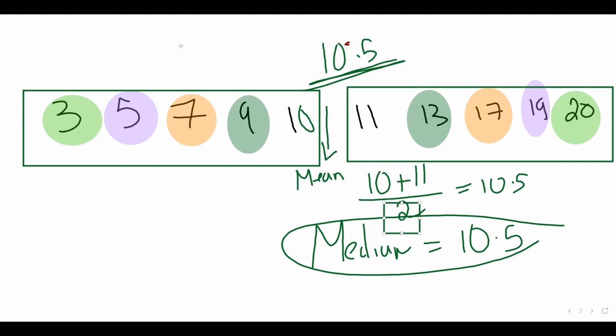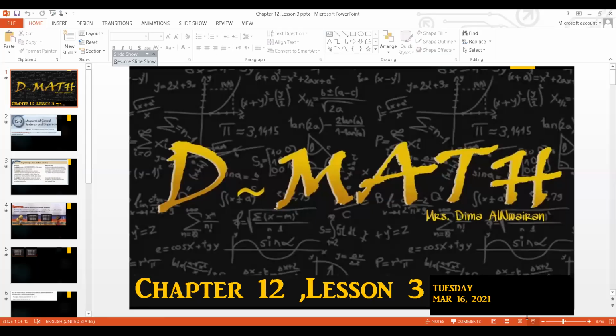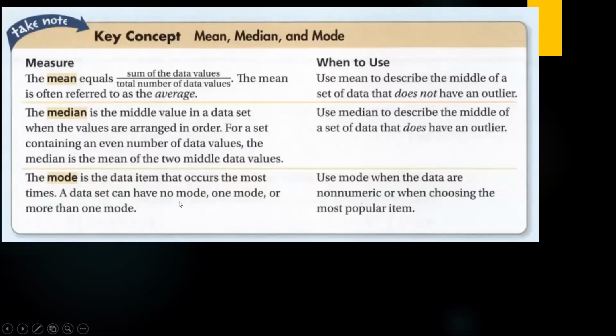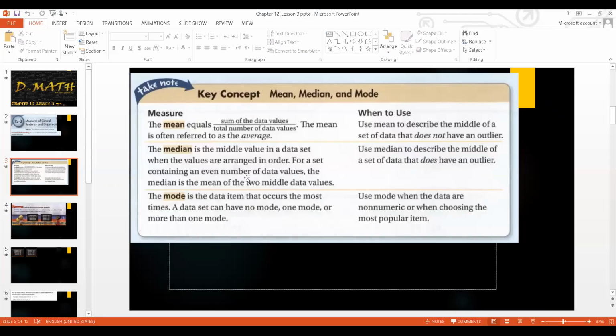Okay. Now, let's talk about the mode. The mode is the data item that occurs the most times. What does it mean? Let's come back here now.